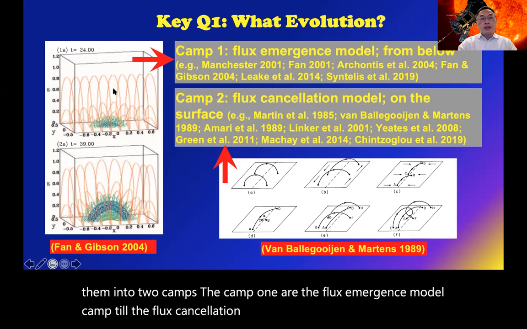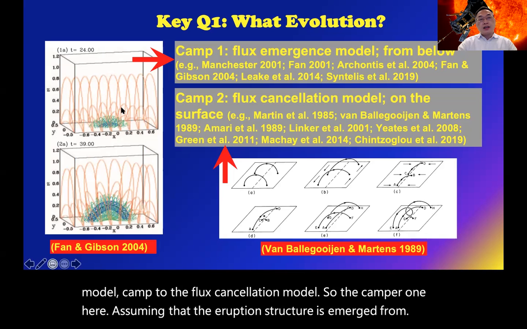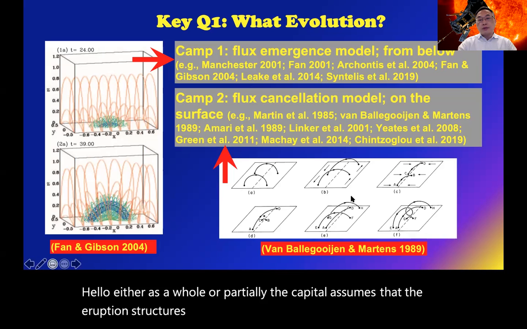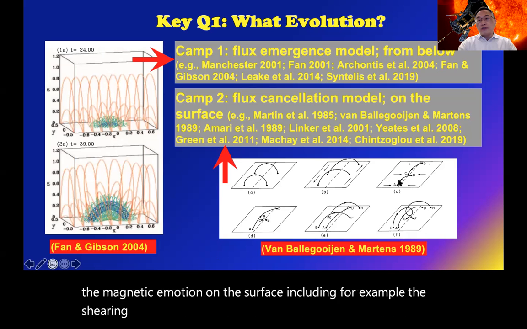Camp one assumes that the eruption structure is emerged from below, either as a whole or partially. Camp two assumes that the eruption structure is formed through the magnetic motion on the surface, including, for example, the shearing motion and the cancellation or converging motion.